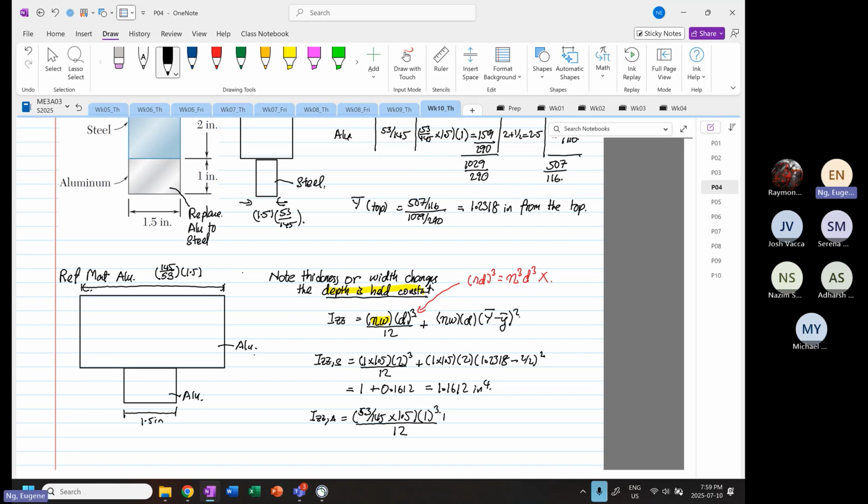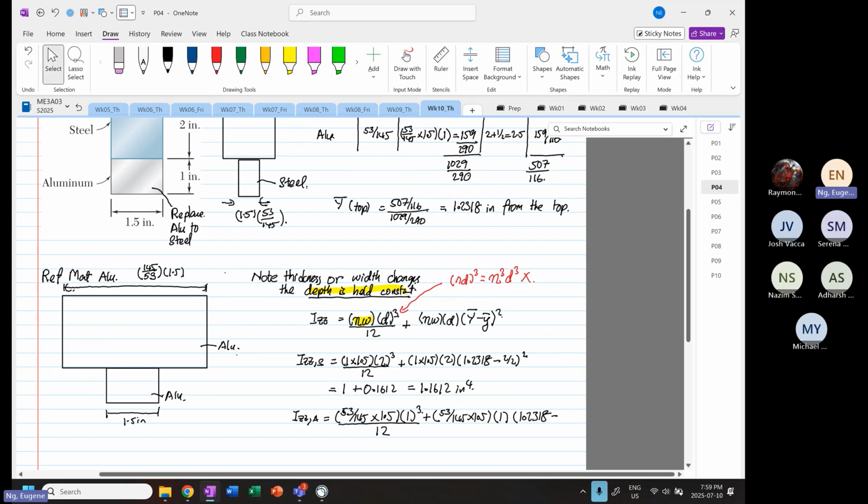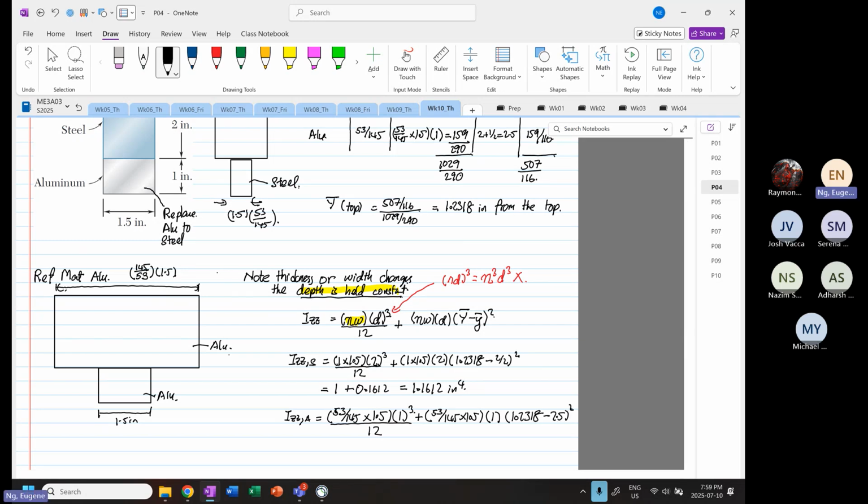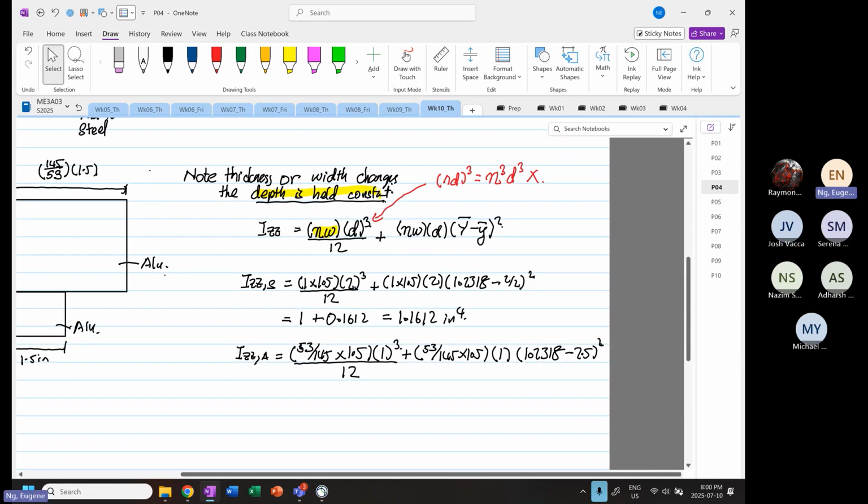Then we plus again 53 over 145 times the width of 1.5 times the depth of 1, and then the Y bar is 1.2318 minus 2.5, right? And the whole thing squared, right? So from here, this will be equal to 53 over 145 times 1.5 times 1 divided by 12.